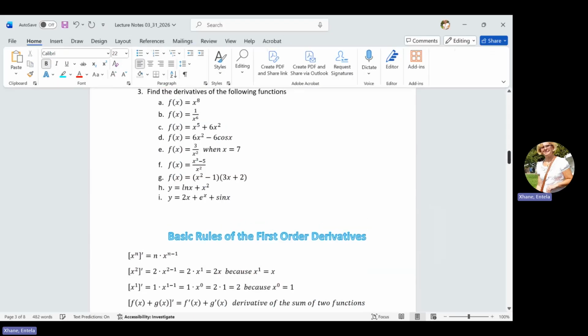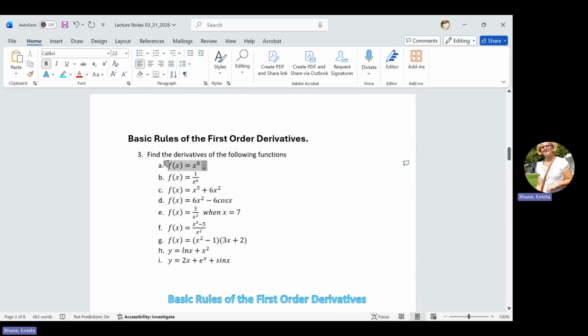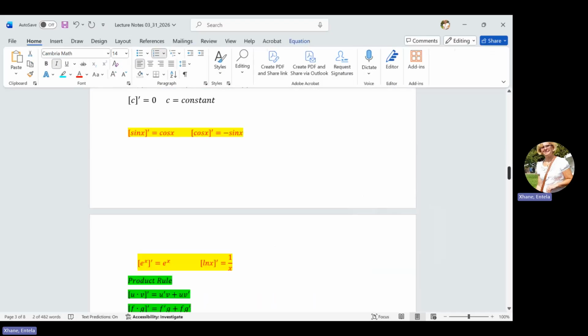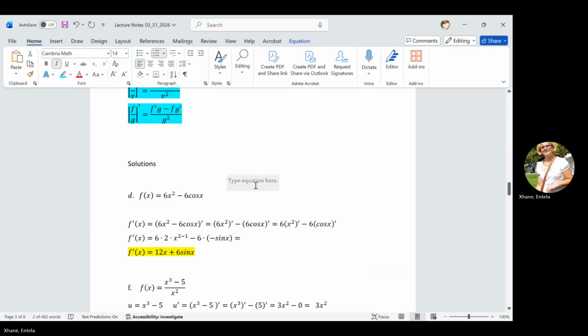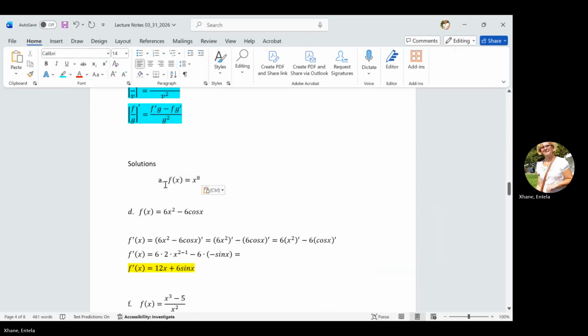And I'm going to grab the first one. The first one is the function f of x equals x to the power 8. Let me eliminate this. I don't know if the formatting is a bit weird. There you go.